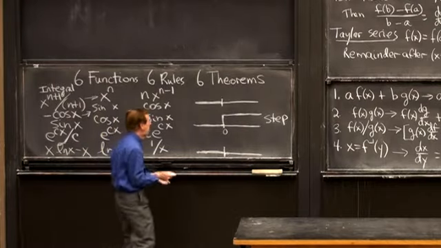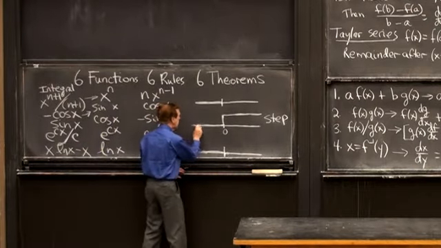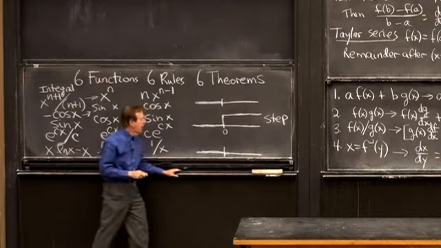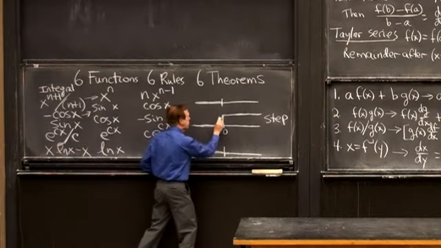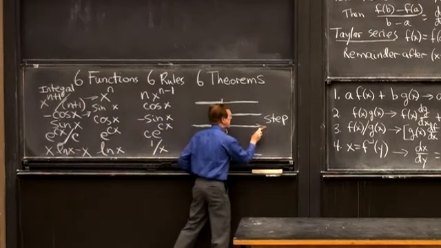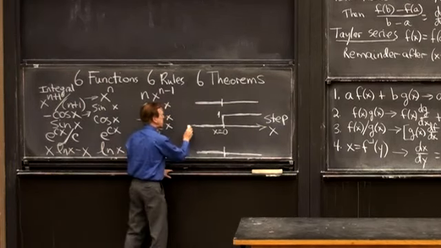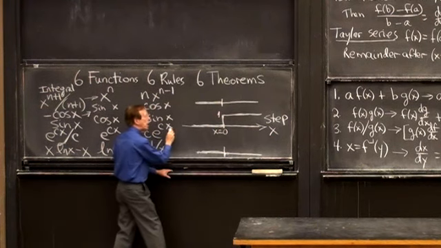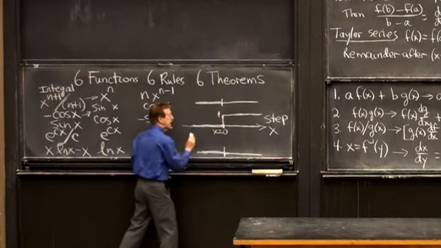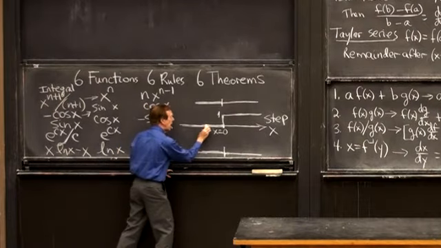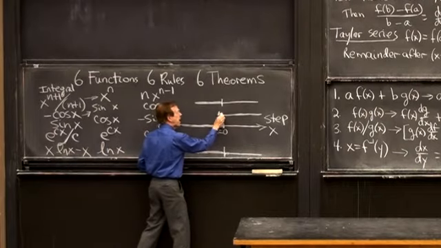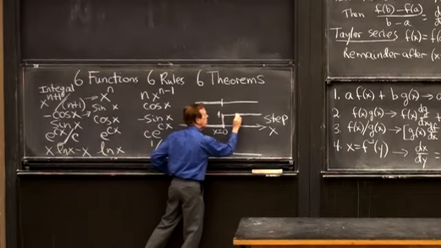But here's a new one, a step function. It's 0 and it jumps up to 1 at x equals 0. So here's x, the function is 0 until it gets to that point, so it's level, then it takes a step up, a jump up to 1.